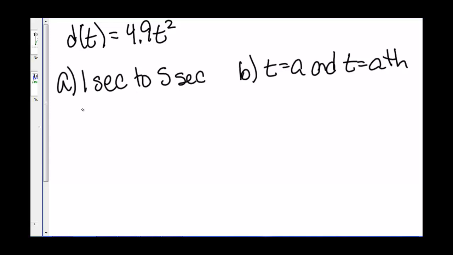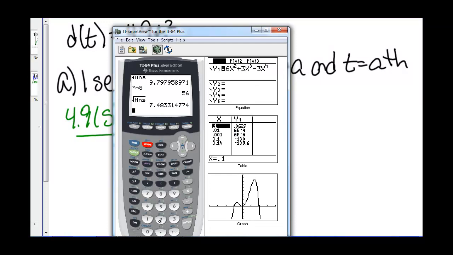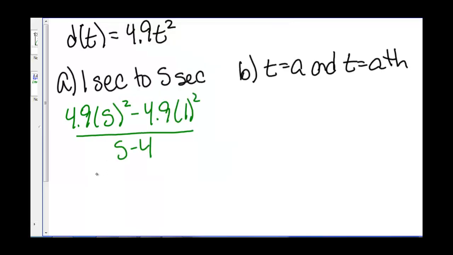So we find 4.9 times 5 squared minus 4.9 times 1 squared all over 5 minus 1. That is 117.6, and it's being divided by 4, so that's 117.6 in meters per second.